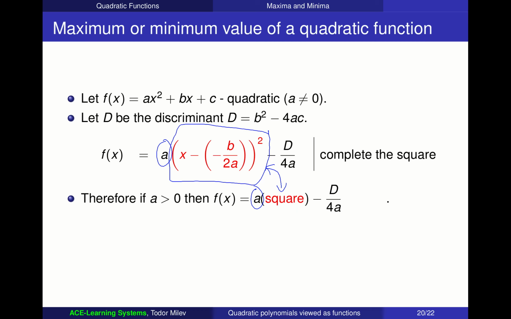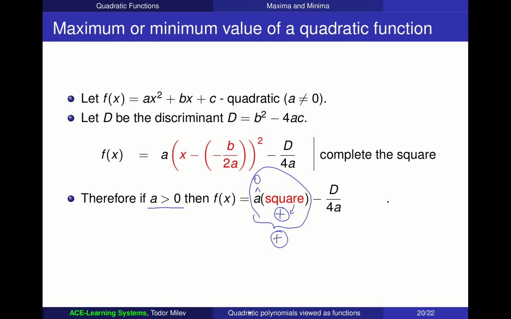So I'm guaranteed that a square is always positive. So I'm guaranteed that if a is greater than 0, this entire expression here is always positive. So I'm guaranteed that the value of my function can never drop below negative d over 4a.